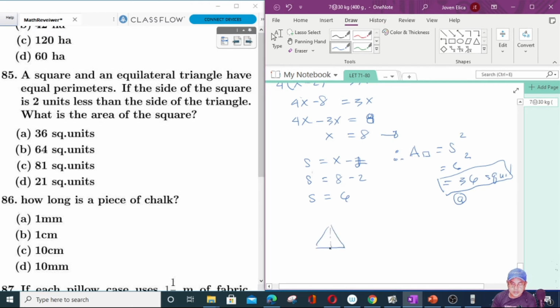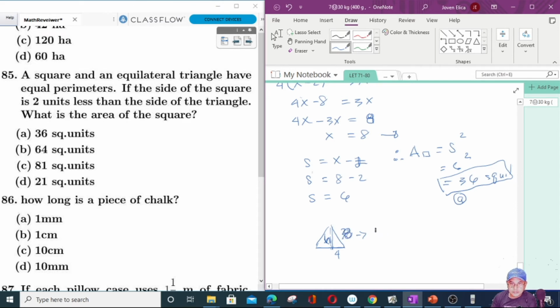Let this side be x, and the value of x is 8, so half of 8 is 4. Let this be the height h.